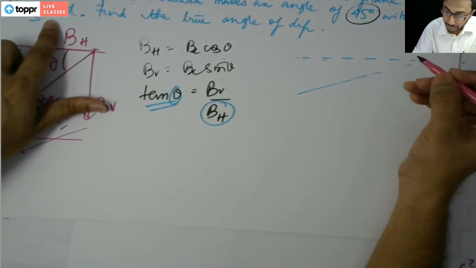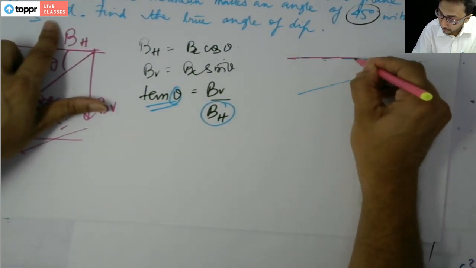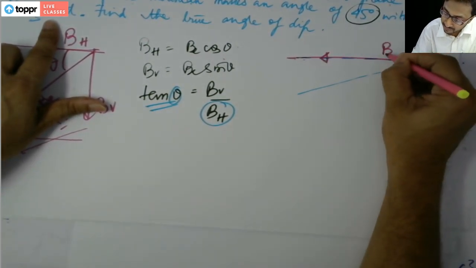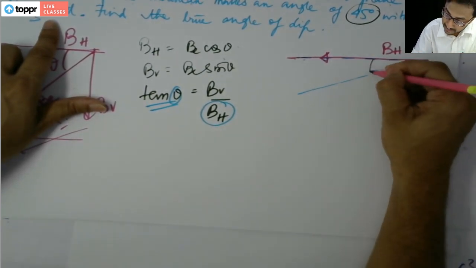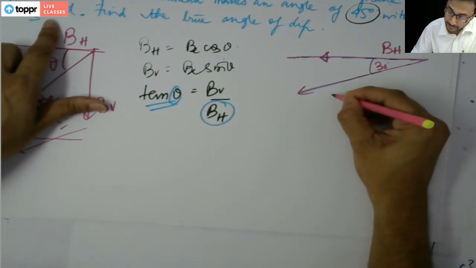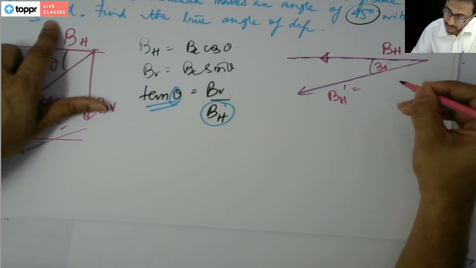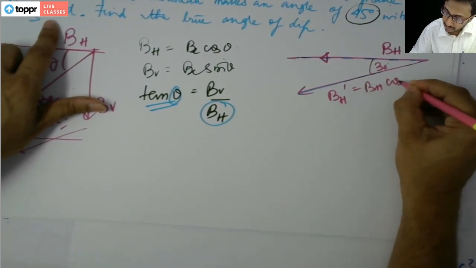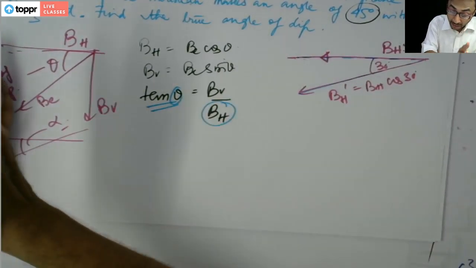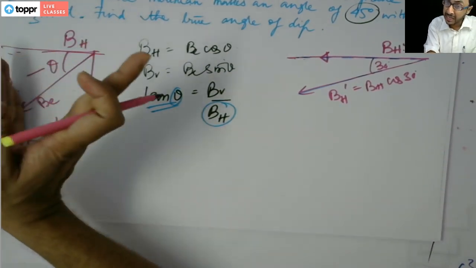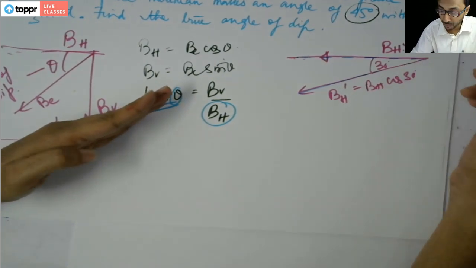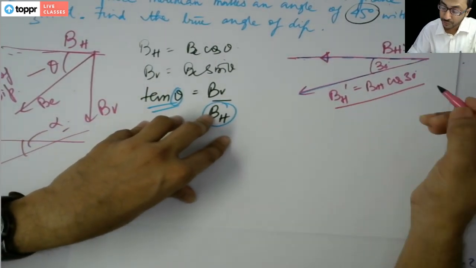If we measure the horizontal Earth's component in the magnetic meridian, say this is BH and this angle is 30 degrees, then BH dash is nothing but BH cos 30, the component of the horizontal magnetic field in that direction. So BH dash equals BH cos 30.